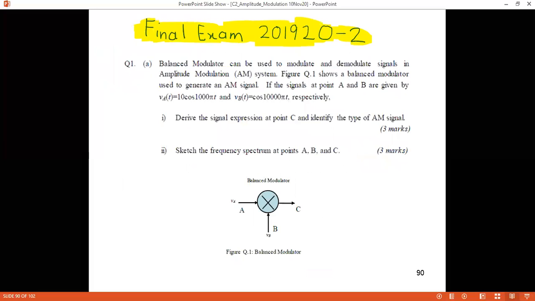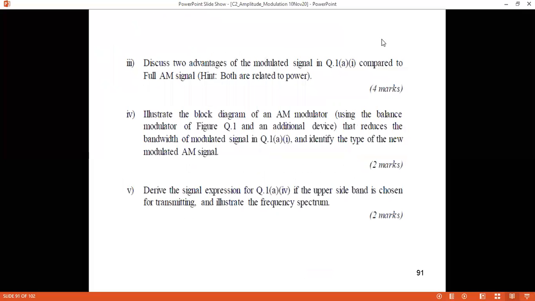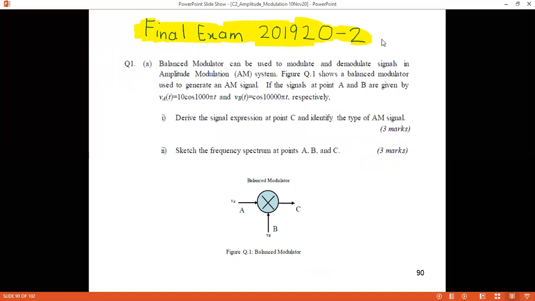So I want you to submit this part, the final exam 2019-2020, as your homework. So this I will assign as your homework. Okay, this will be your homework.